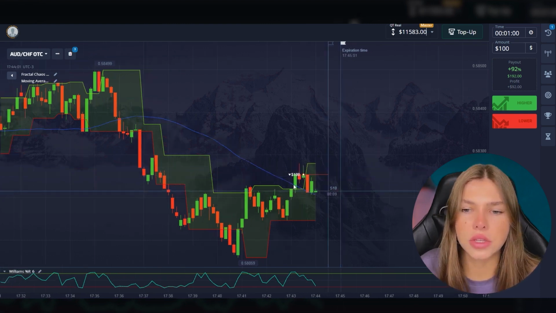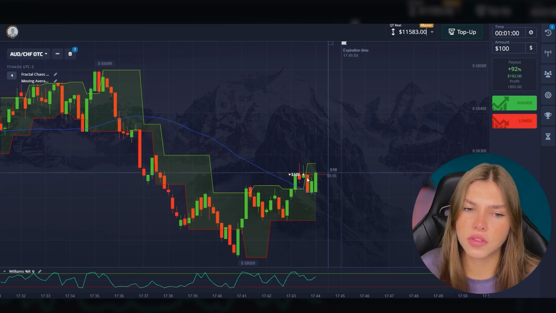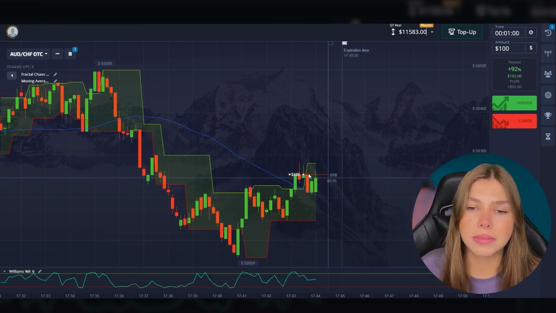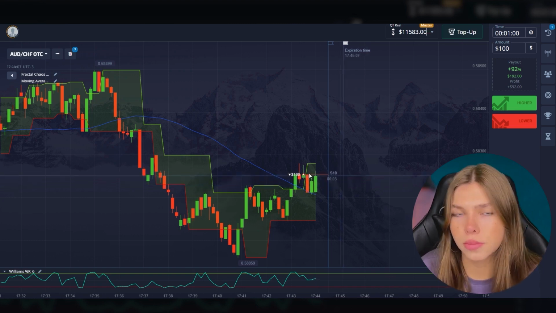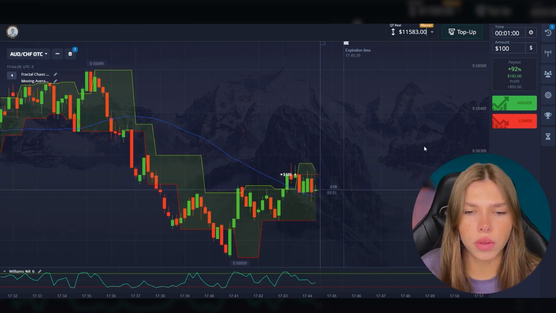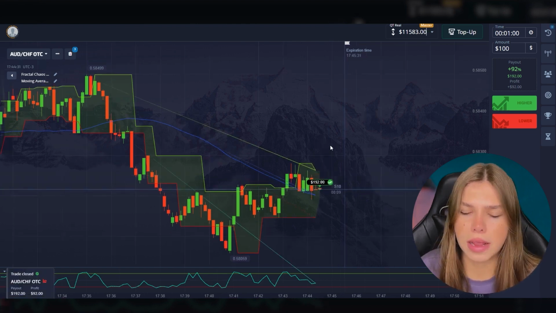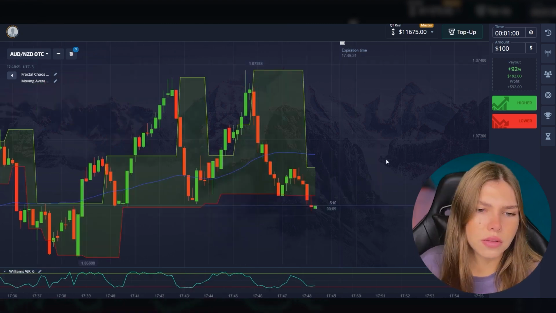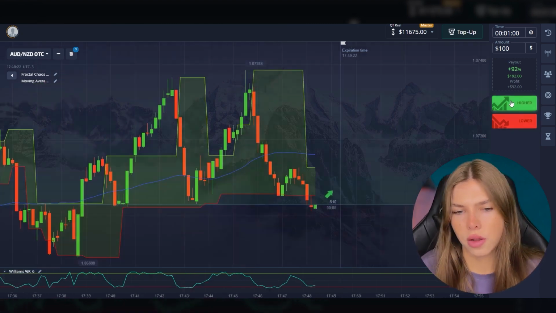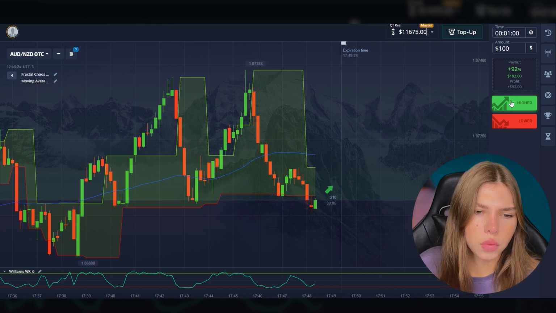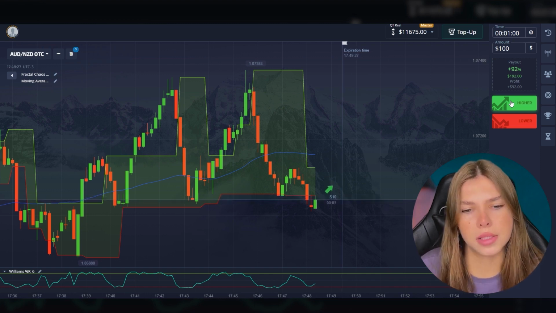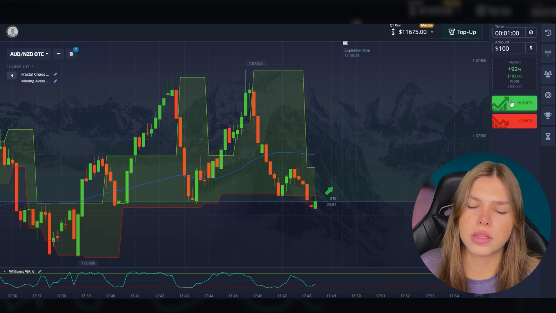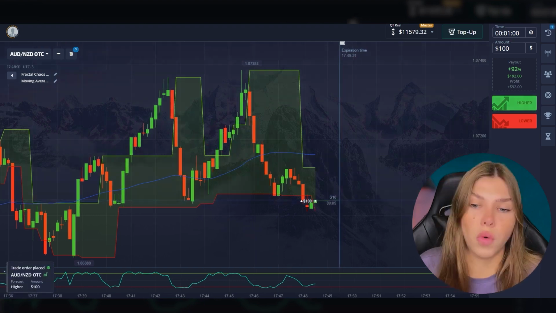Half a minute. As you can see, it is a very successful entry point because the red candle opens immediately with my entry point, so we have the same level with it and only a few seconds remain. Still won $92 to our balance. As we can see, the price has broken through the channel. We're waiting for the green candle, which is now forming, and we open together with a new one. 3, 2, 1, 0.